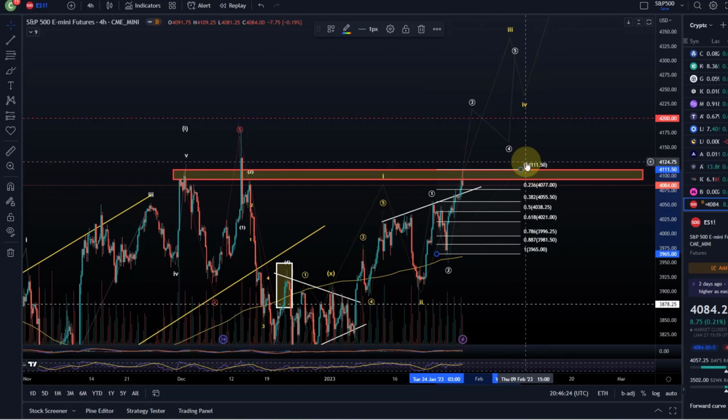So whatever it does, ideally it stays above that level. A drop below that level would not invalidate this setup. It would really only invalidate it if we drop below the $3,965 level. However, it will already get very unlikely below the 78.6 retrace. So it's all looking good at the moment. Seems we have some temporary upside.